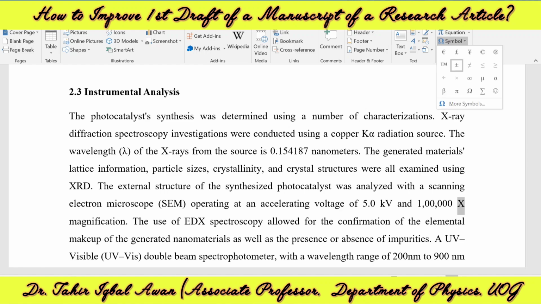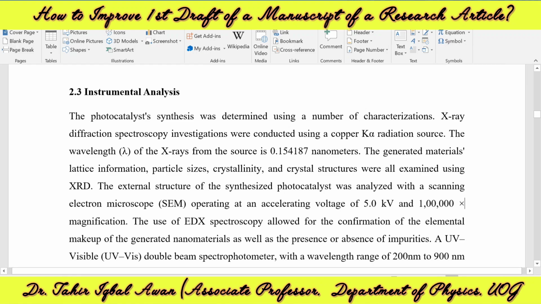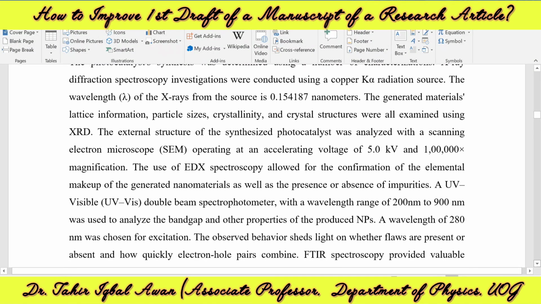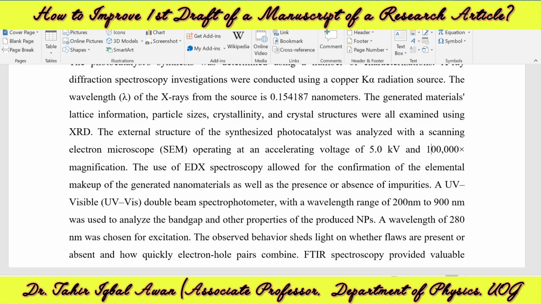So I would say that we should replace this X with the symbol, because that is indicating times. So when we are saying that this is at least 100,000 times, another suggestion is that it should be like 100,000 times magnification, right?